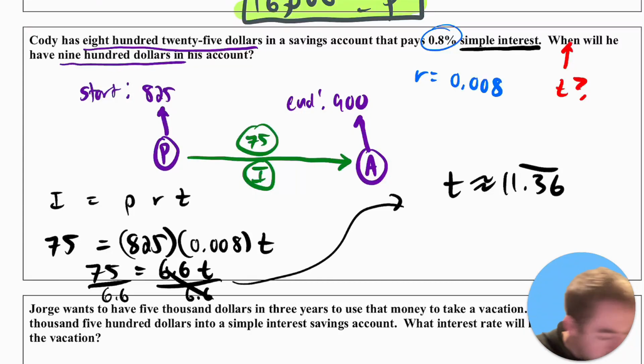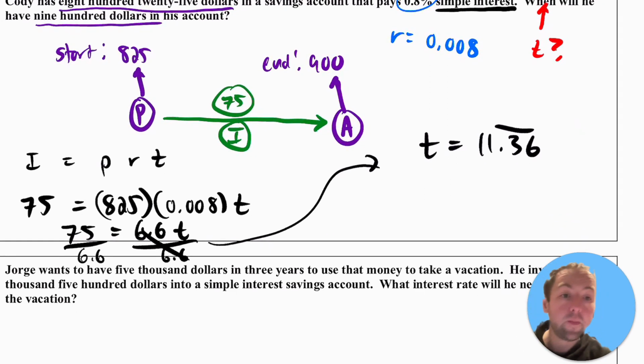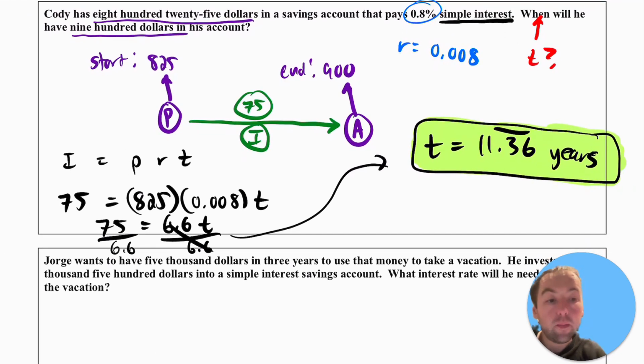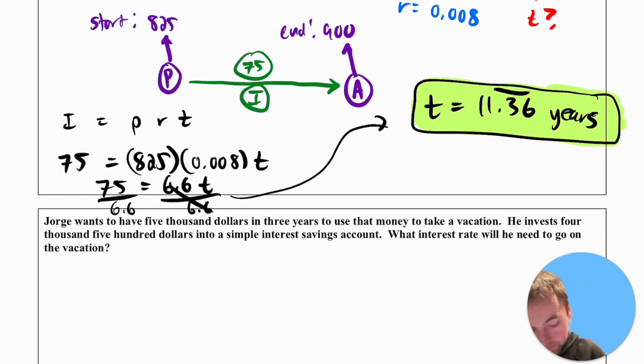Actually, it just repeats the 3 6's over, so I can put an equal sign instead of a squiggly equals. So t is 11.36. Remember that t is time and it's always in years, so it would take that many years to get to $900 exactly if you start with 825 and grow at that 0.8% interest rate.